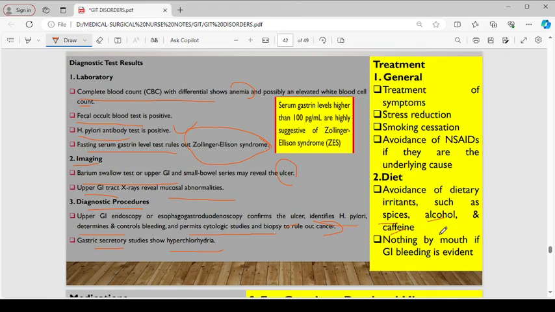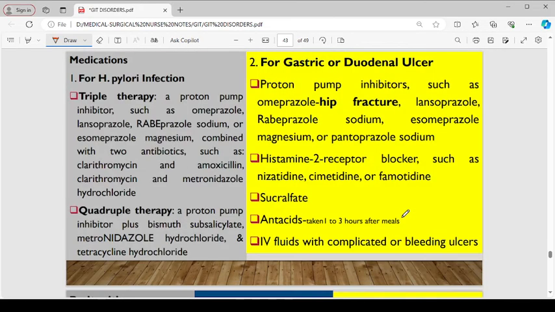There should be nothing by mouth if the patient is bleeding, okay, and the healthcare provider has to be informed. In terms of medication, for the H. pylori, Helicobacter pylori infections, we could do the triple or the quadruple therapy. So for the triple therapy, we have a proton pump inhibitor.